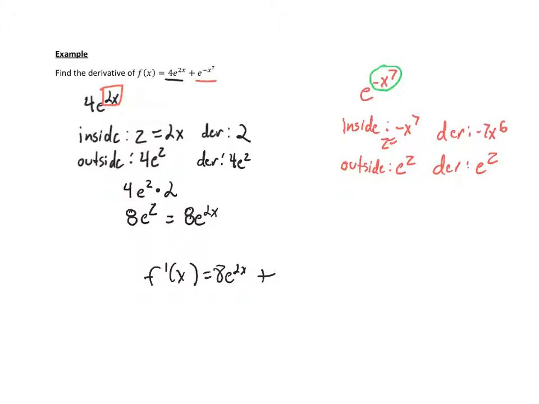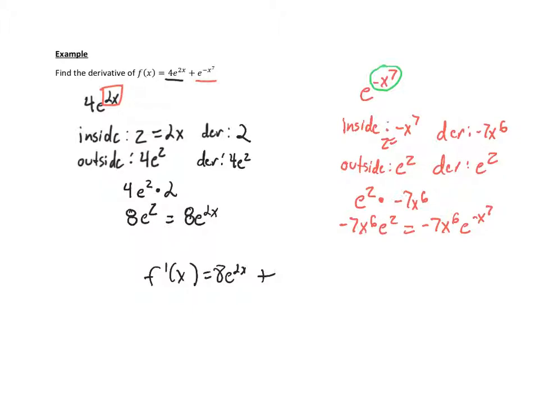So multiplying those two things together, e to the z times negative 7x to the 6th, I would probably rewrite that as negative 7x to the 6th e to the z. And if we plug our z back in, this is negative 7x to the 6th e to the negative x to the 7th.